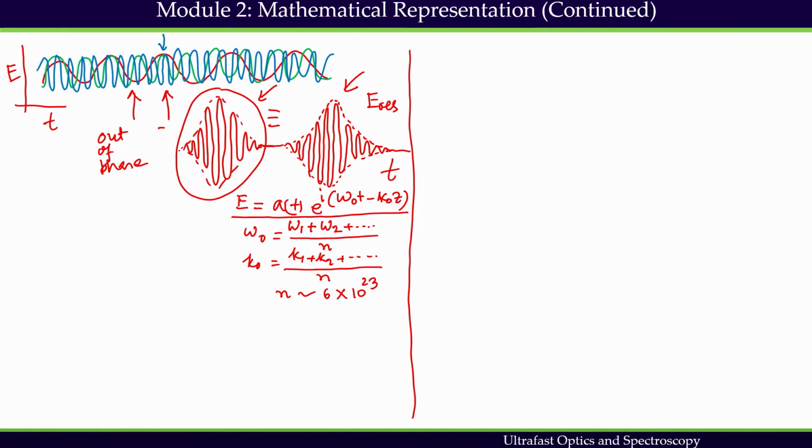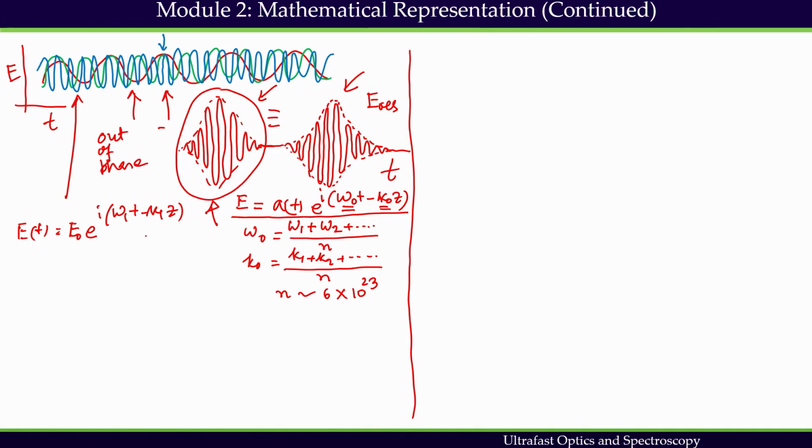This is the equation representing an isolated pulse, not a pulse train. And omega naught is not a single frequency component, and k naught is not associated with a single frequency component. They represent the average values of the angular frequency and the wave vector. On the other hand, if we think about a plane wave, one plane wave can be written as E(t) equals E naught e to the power i(omega 1 t minus k1 z).